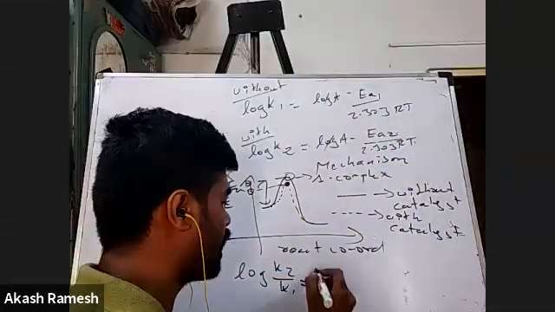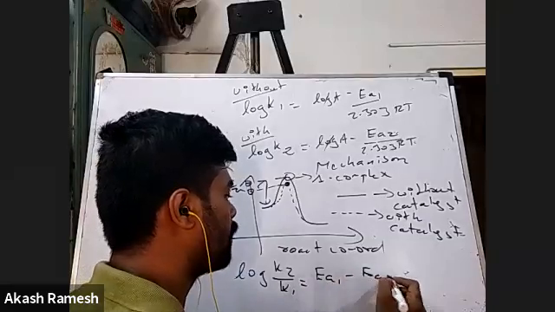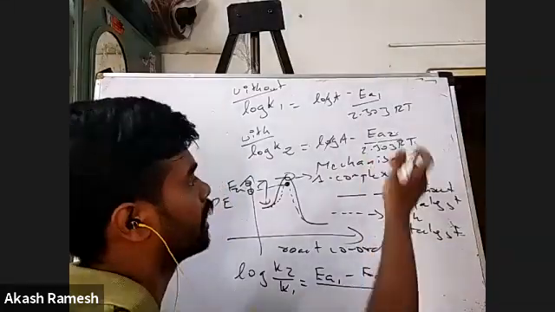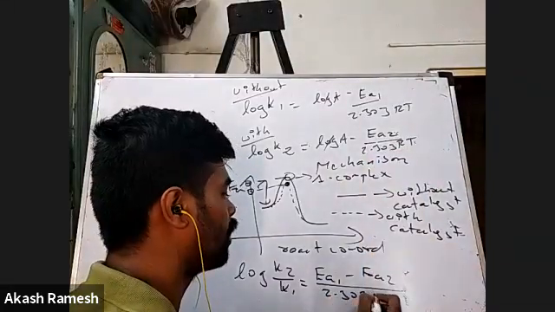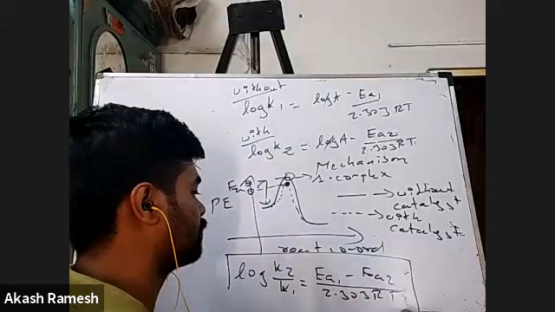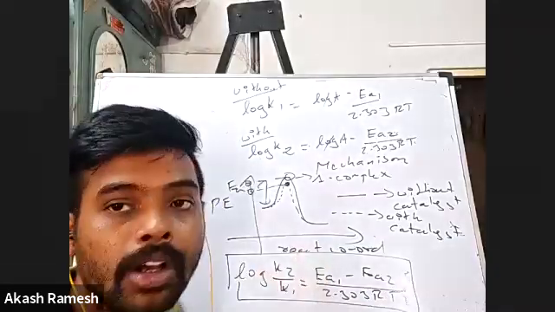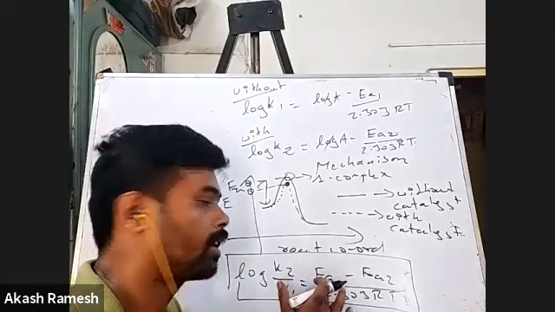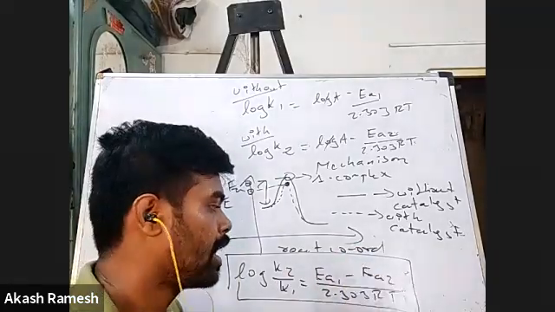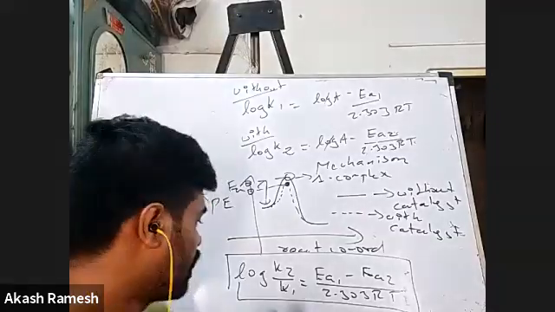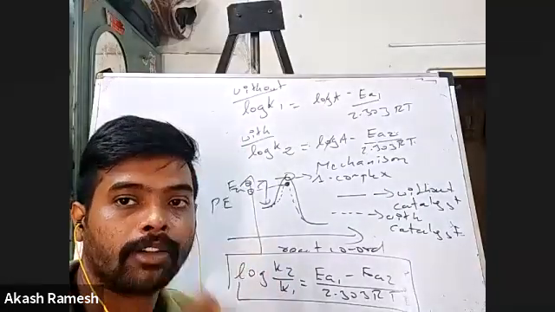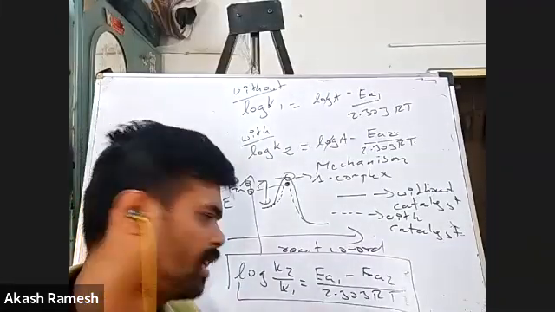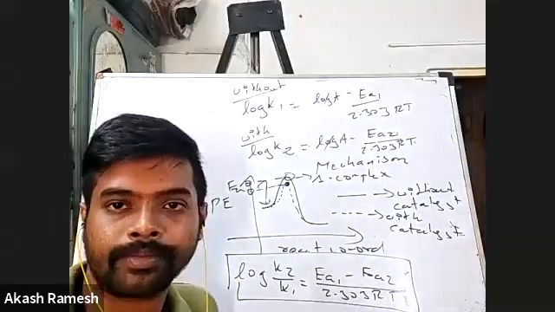So I can write this as EA1 minus EA2, divided by 2.303 RT. That's it. This would have been the equation if I introduce a catalyst. So EA1 is the activation energy without catalyst, EA2 is the activation energy with catalyst, and K2 and K1 are the rate constants with and without catalyst. That's it. Beautiful equation, right?